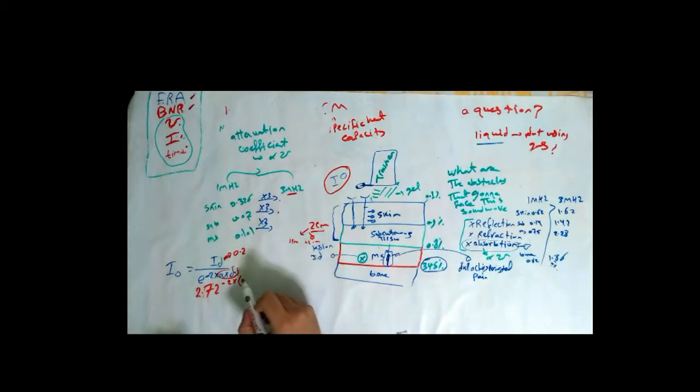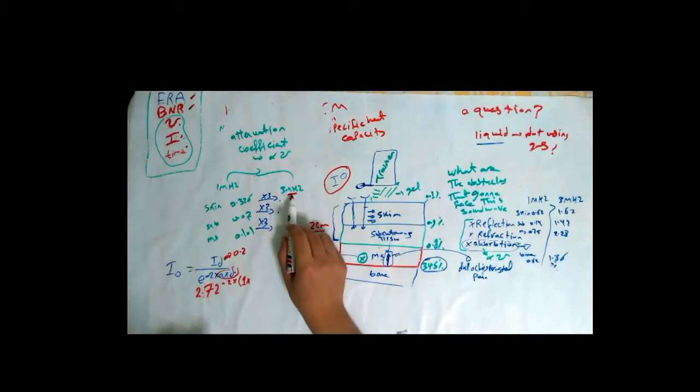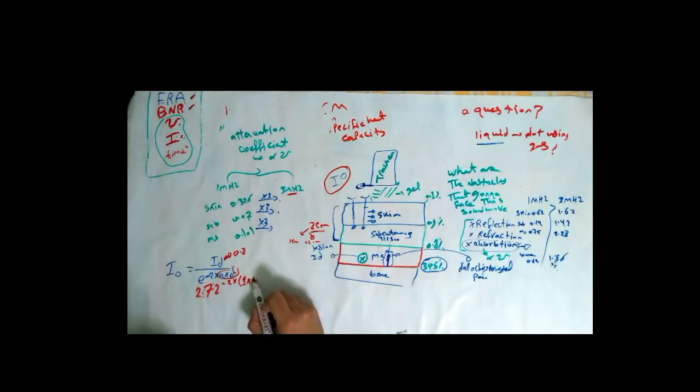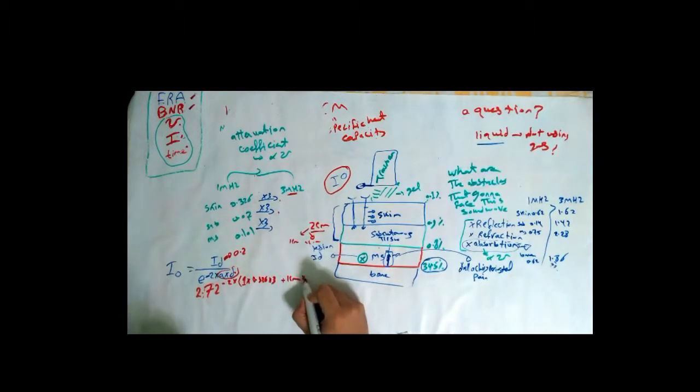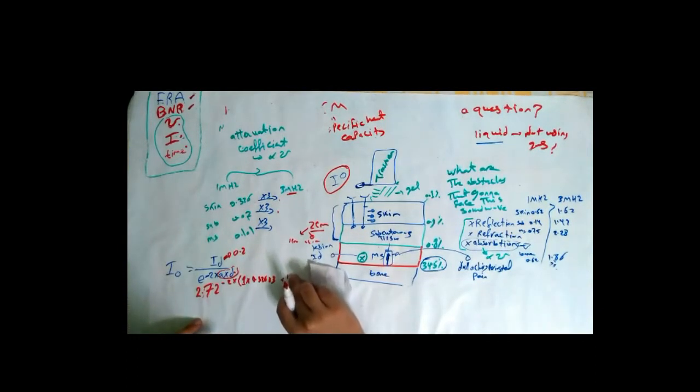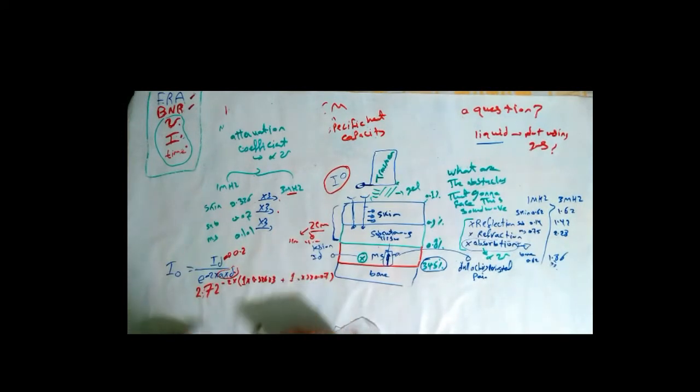I make a bracket: 1 centimeter by the attenuation coefficient of the skin at 3 megahertz, which is going to be 0.326 by 3, plus 1 centimeter by the attenuation coefficient of subcutaneous tissue, which is 3 by 0.07.